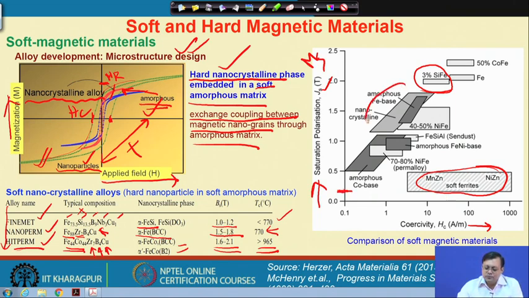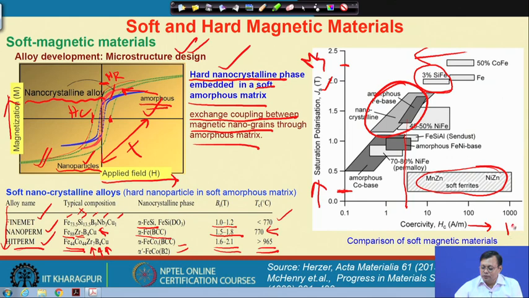Whereas the amorphous material and nanocrystalline material basically occupy a space with a relatively higher coercivity. So, our aim is to go into this side. So, the coercivity should be less, whereas a higher saturation polarization should be there.